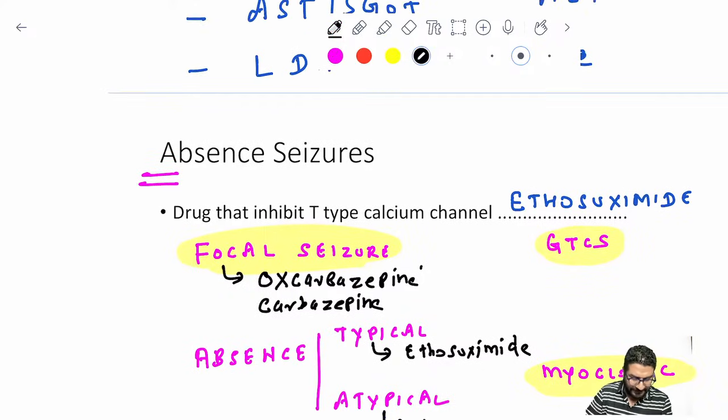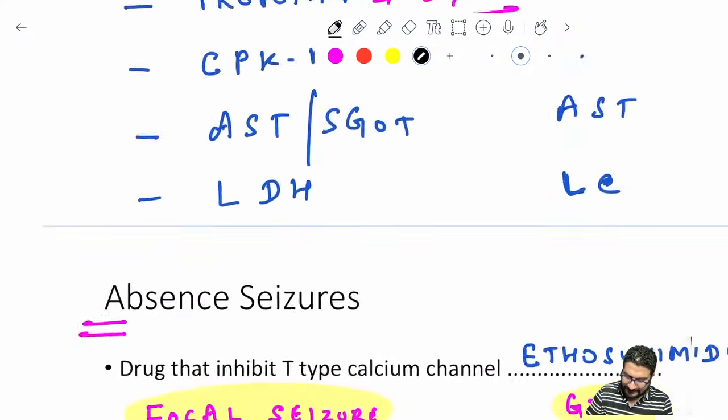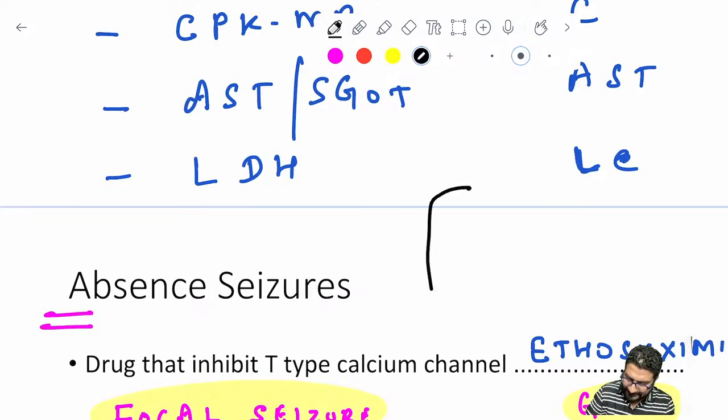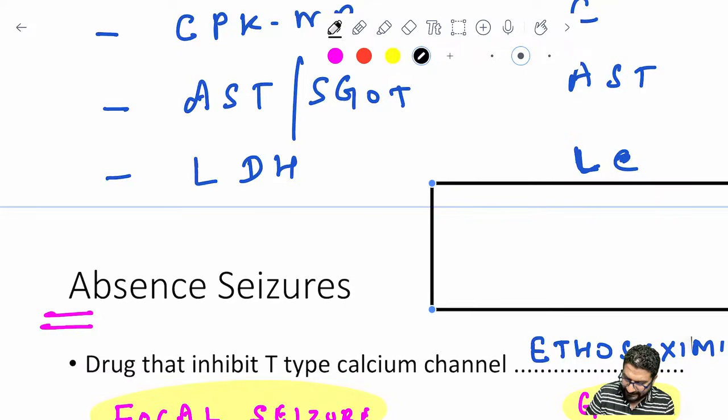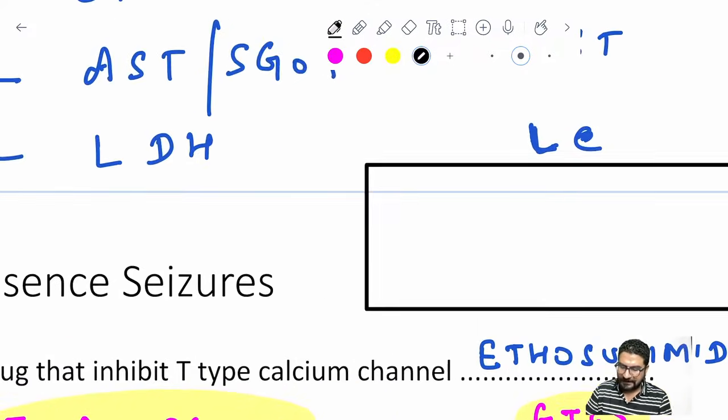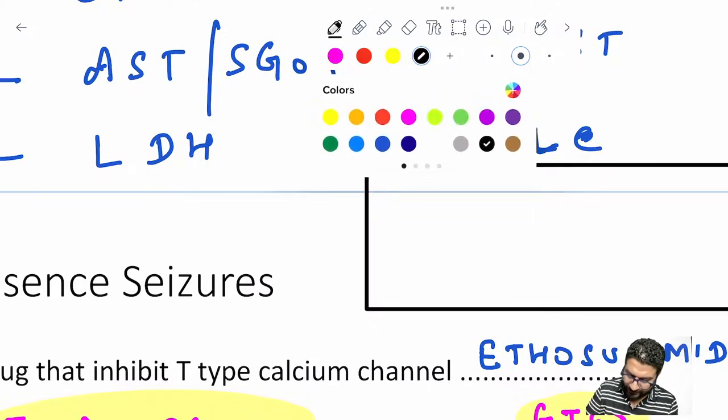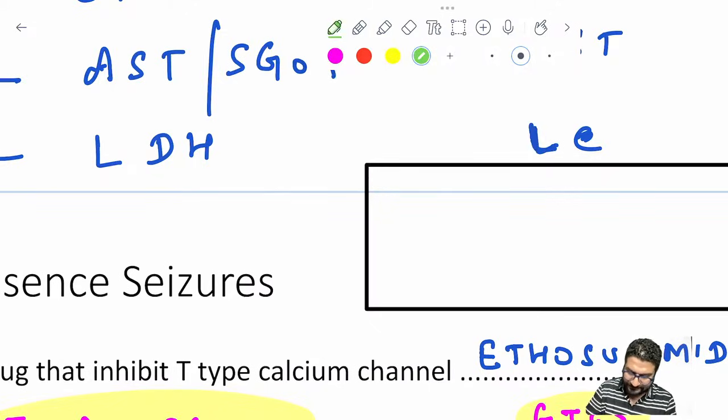These are the three drugs which we use in most seizures. Where earlier we used valproate, now in most places valproate is being replaced by levetiracetam. So remember, this is the first drug, levetiracetam.